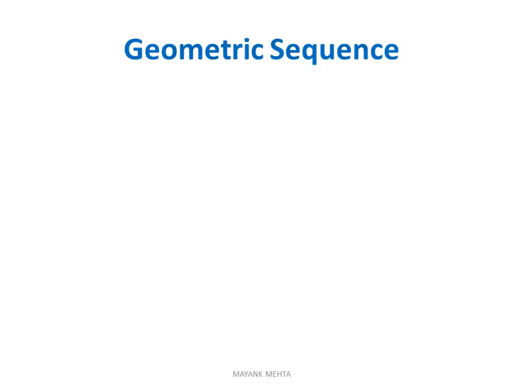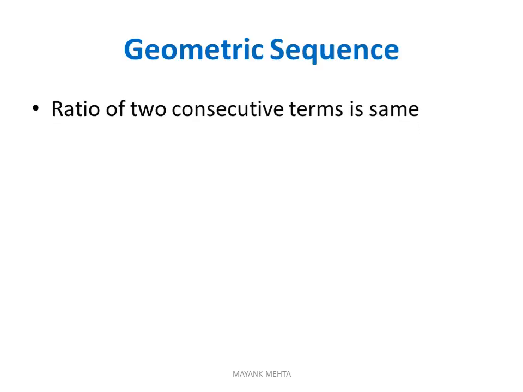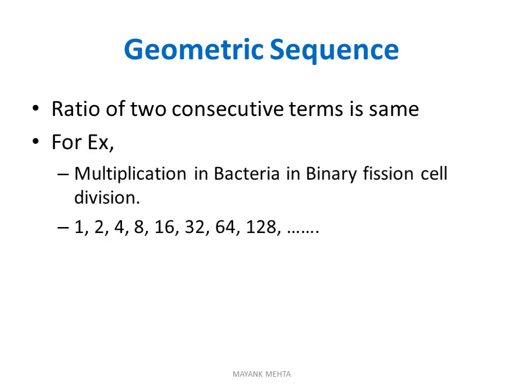So what is a geometric sequence? The ratio of two consecutive terms is the same. Remember, in arithmetic sequence the difference was the same, while in geometric sequence the ratio is the same. For example, multiplication of bacteria by binary fission: bacterial cell 1, then 2, then double 4, then double 8, then 16, then 32, then 64.